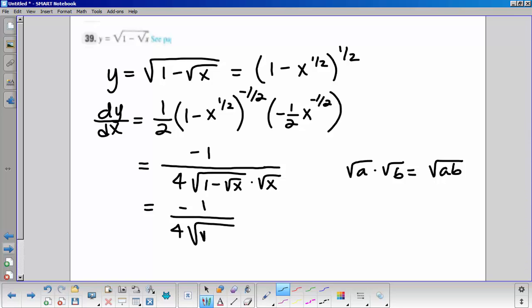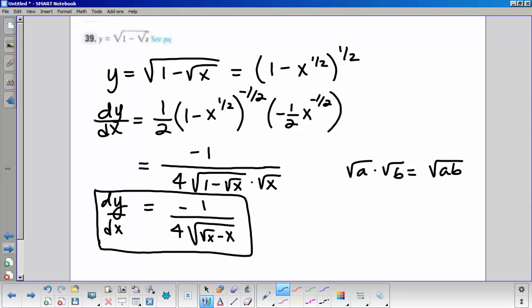Wait, what? Can't pull it out because you don't have x squared. This is root x minus x, because what's root x times root x?